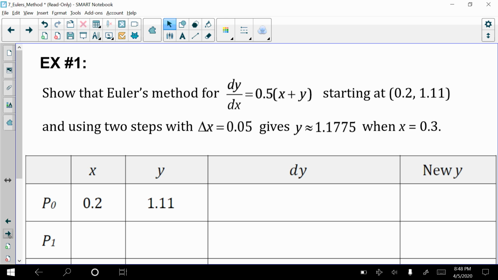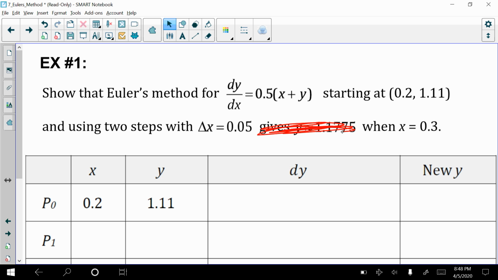Because these are your notes, they're telling you the answer in advance. Normally the answer wouldn't be there, obviously. It would just say use two steps to find the y value at that point.